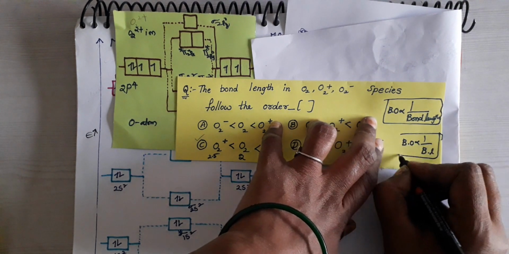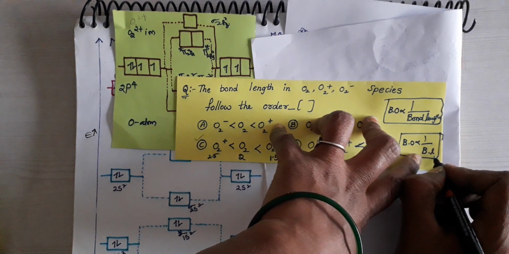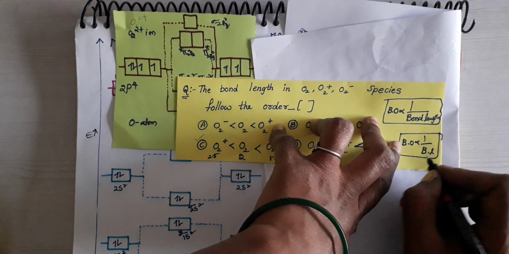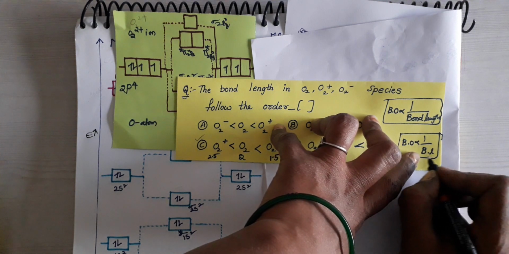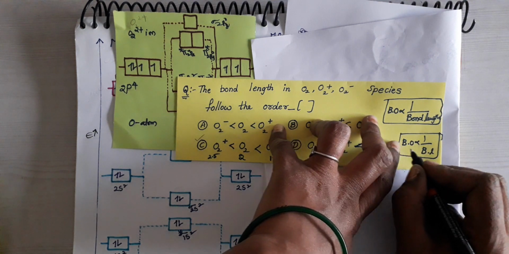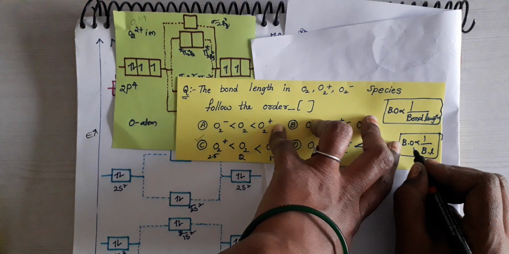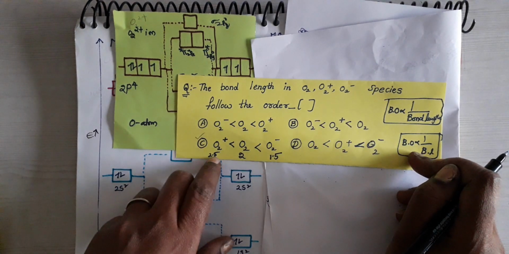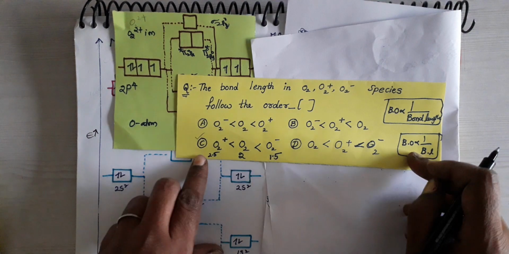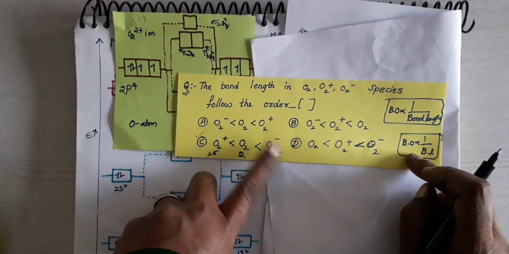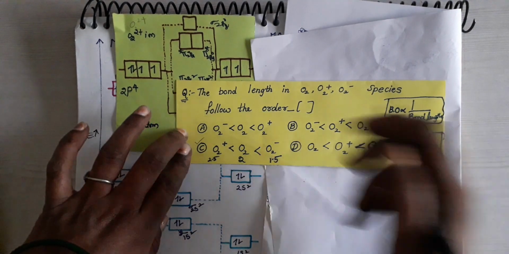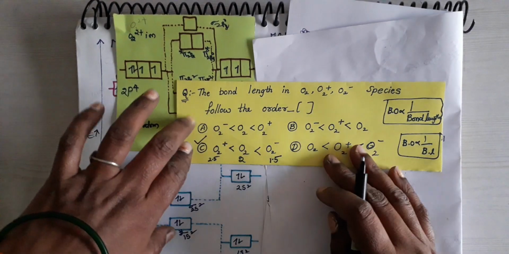If bond order increases, bond length decreases, nothing but the number of bonds increases, the length between the atoms decreases. Here 2.5 to 1.5, bond order is decreasing, nothing but bond length increases. Due to that reason here C is the correct option.